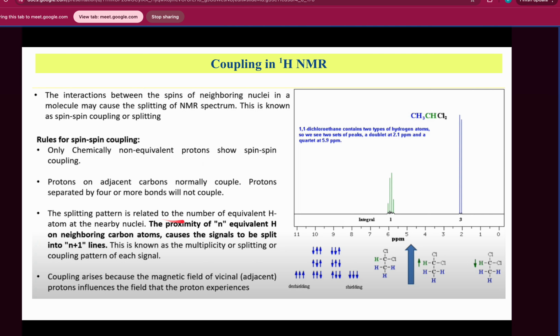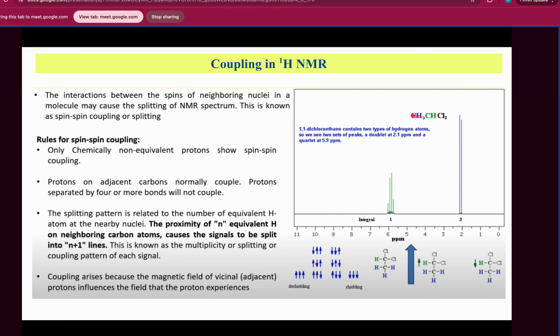The third rule is that the splitting pattern is related to the number of equivalent hydrogen atoms on the nearby nuclei. The proximity of equivalent hydrogens on a neighboring carbon atom causes the signal to be split into n plus 1 lines. In this scenario, the three hydrogens attached to the methyl group are equivalent, and they are attached to a carbon which has a single hydrogen.